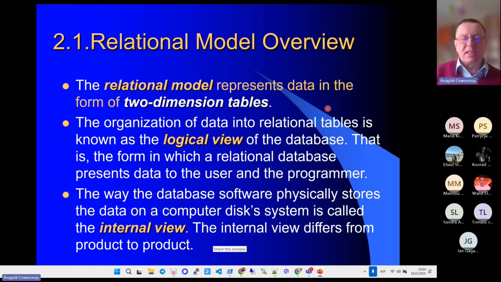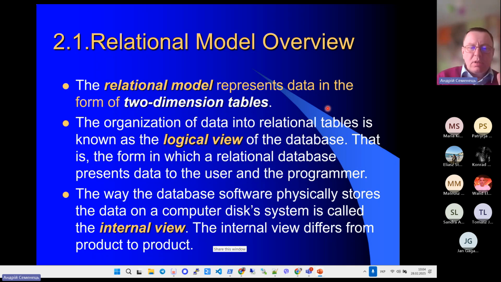But having this logical view, developers, users, and system administrators no longer depend on the specific internal implementation of data storage by the database management system.